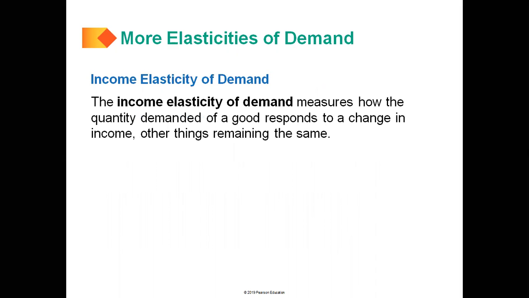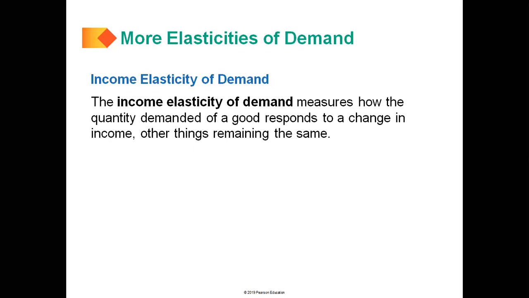Now here, this is a related concept, but if you get elasticity so far, this should make sense. We talk about income elasticity because now we want to know how much the quantity demanded changes in response to a change in income. So in the denominator, we're not going to have change in price, we're going to have change in income.